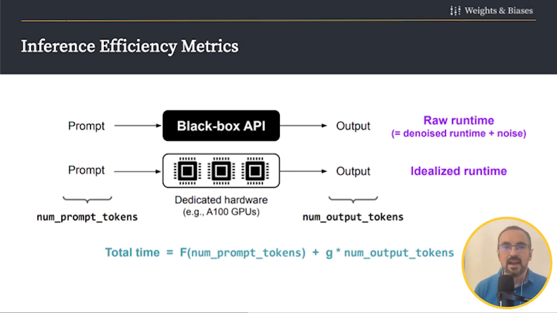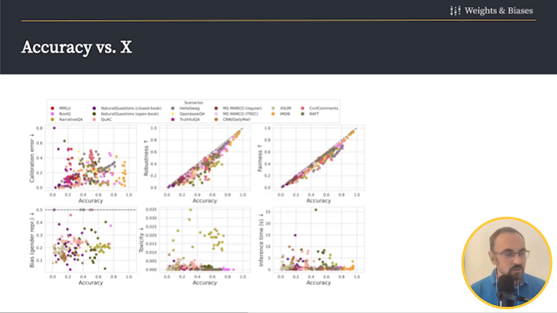So I encourage everyone to check out and read the HELM paper. It's almost like a book. I think it's definitely more than 100 pages. It contains a lot of insights, not only about evaluation, but also about how language models work. One specific insight I wanted to share is this correlation between accuracy and other metrics that were measured in HELM.